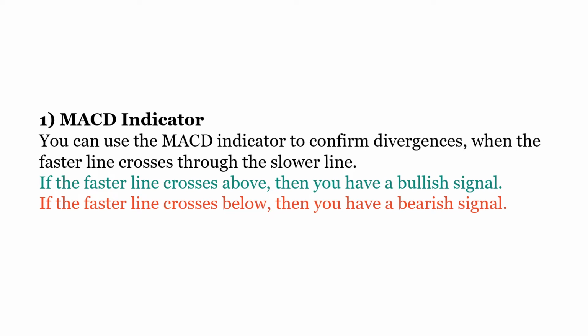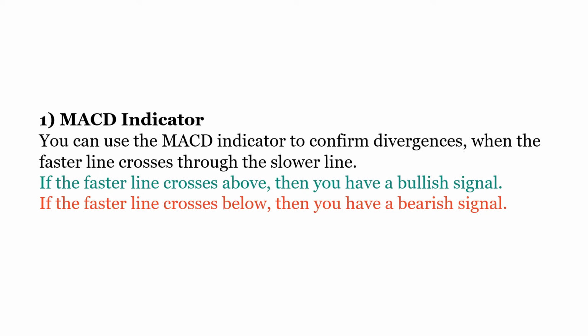The moving average convergence divergence consists of a faster and slower line which are constantly interacting with each other and the zero line. We've covered this in a previous lesson in the intermediate section of the technical analysis. For divergences, you can use this indicator with the rules from previous lessons.